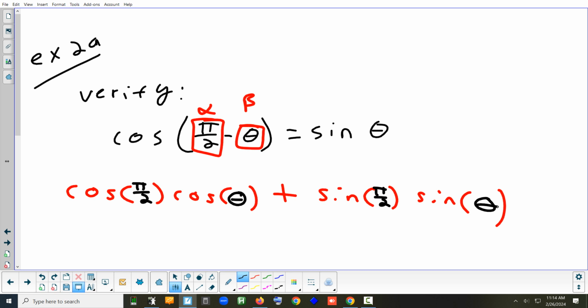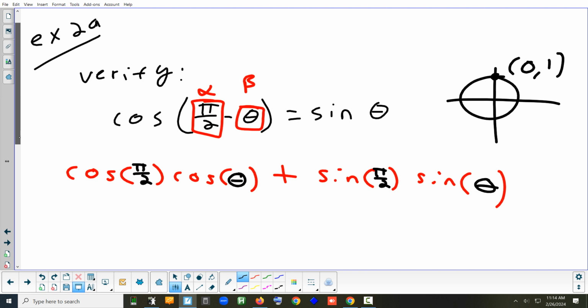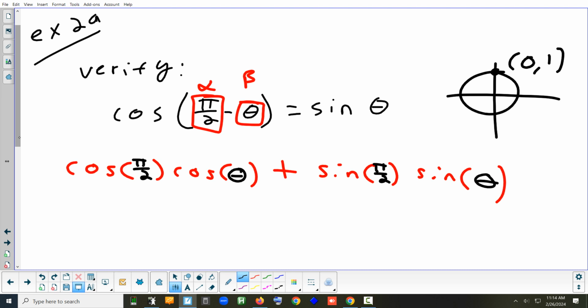Now, this is one we should be able to think through on the unit circle. Where's pi over 2? It's at 90, and what's the coordinate when you're at 90? 0, 1. Cosine is which letter in the coordinate? It's the x. So what's the cosine of 90? 0.